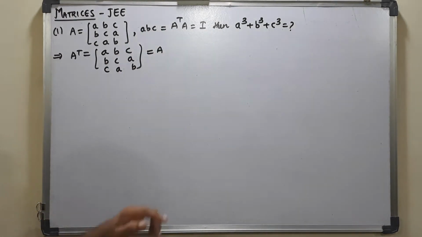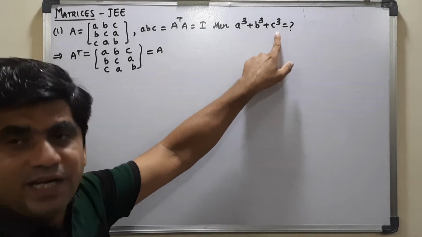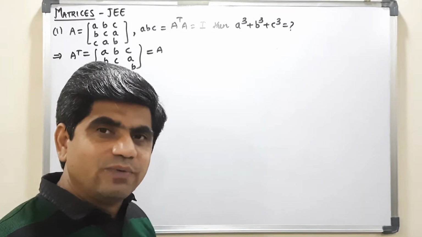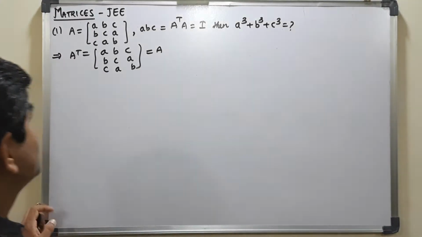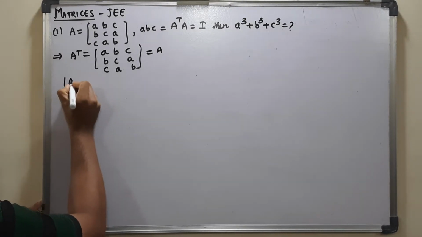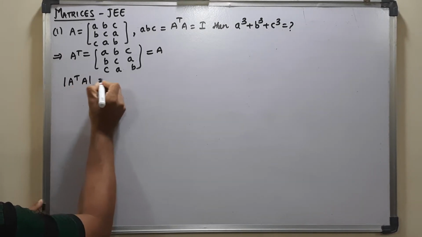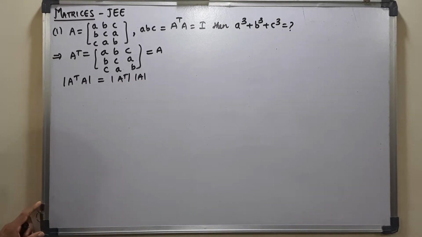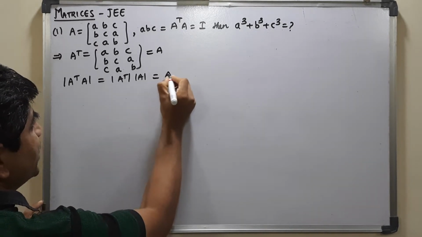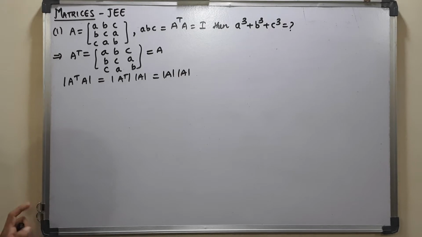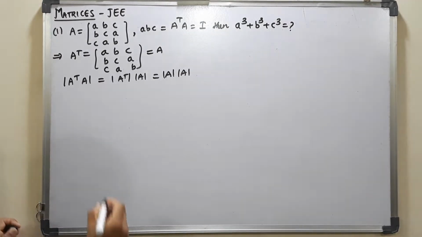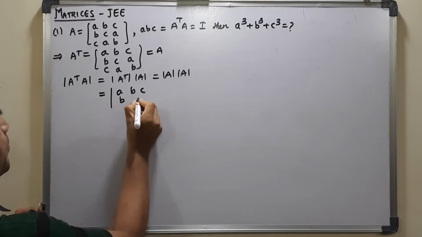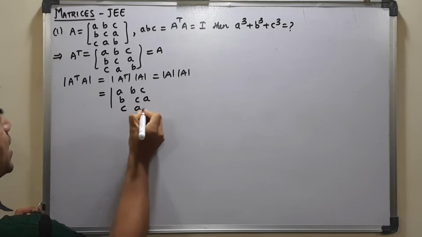So if you see here, A cube, B cube and C cube indicate the actual values over there. So if I want to get the value, I need to get the determinant. So obviously determinant of A transpose A will be equal to determinant of A transpose into determinant of A, which obviously will be equal to determinant of A into determinant of A, which finally becomes determinant of ABC, BCA and CAB.